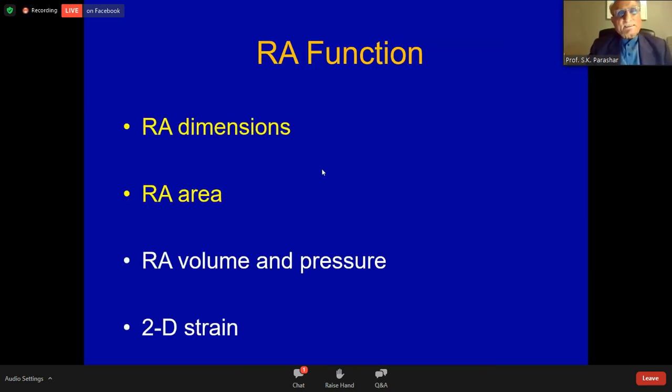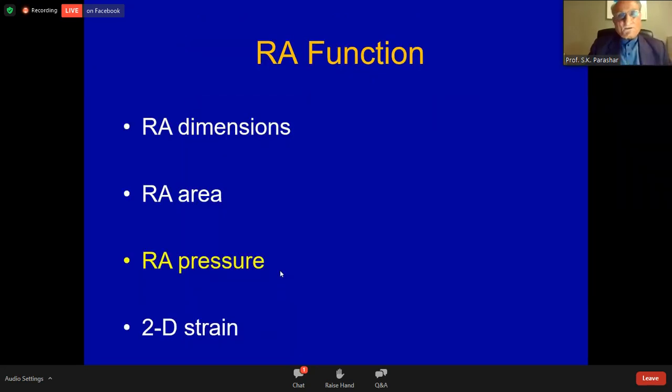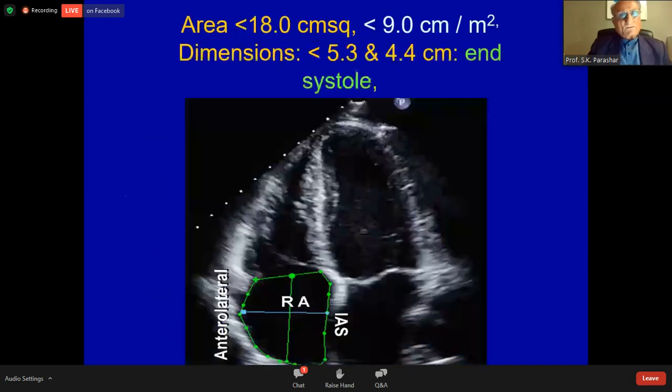So we'll discuss very briefly something about the functions of the right atrium and the right ventricle. Suffice to say that for any study, the dimensions are extremely important because they have an effect on the overall prognosis of the disease.